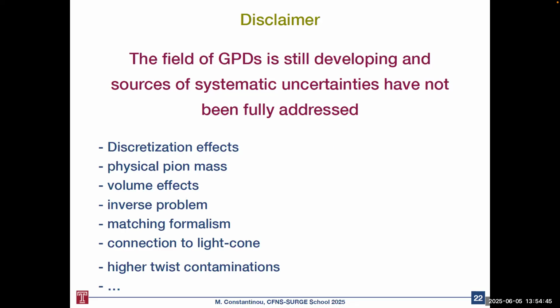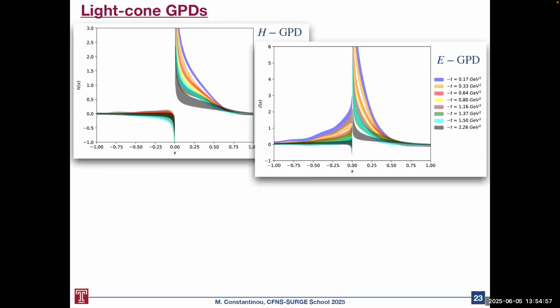There are a number of systematic uncertainties that we have to understand. So we are not ready to give numbers to people. We are ready to give you qualitative results, using this pseudo and quasi distributions approach. With this quasi distribution, we were able to extract GPDs.